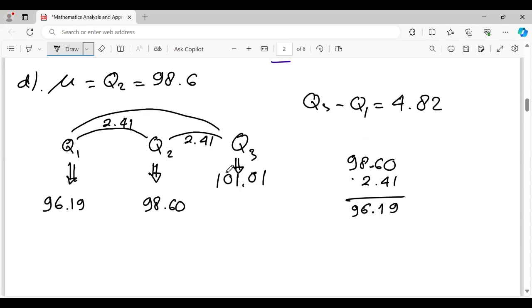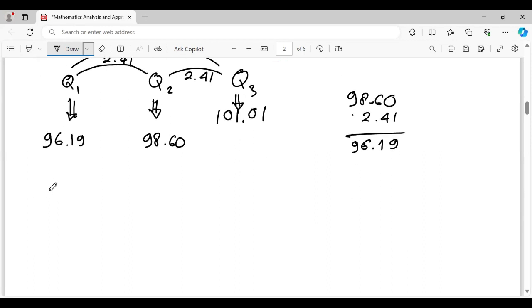Okay. Now we're going to find the probability. 2.41 over D standard deviations. If Z less than 2.41 over D, it is 0.75.